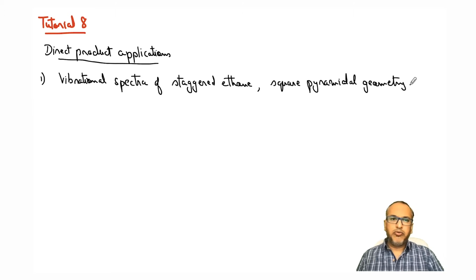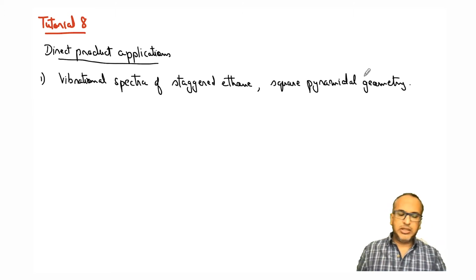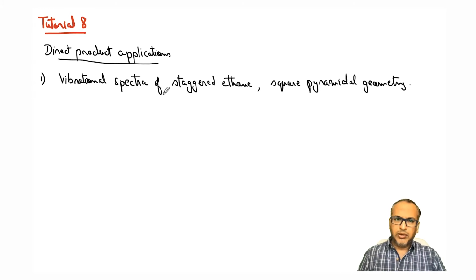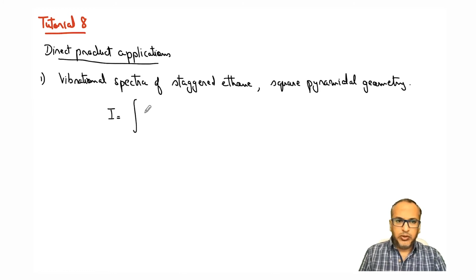Now we want to know whether the vibrational spectra will come in these molecules or not. To know this, the kind of integration that we need to solve is of this form. Do not worry about how this integration comes in, but let's directly look at the application part. This is the integral that we need to solve.